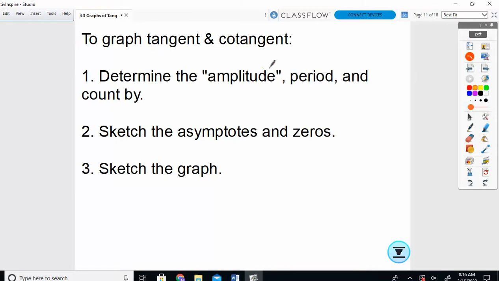So let's start graphing some. Our steps, same thing that we do before. Amplitude is still just a number out in front. Period, we're used to doing 2 pi divided by something. Since tangent and cotangent have a normal period of pi, it will be pi divided by whatever is your coefficient on x. Count by is still going to be the period over 4.